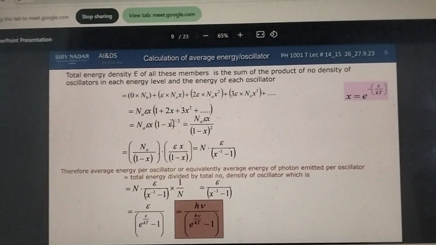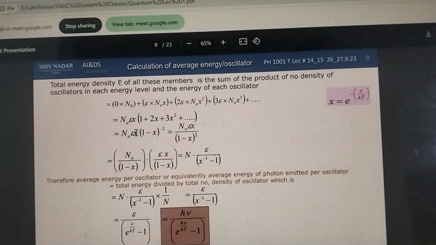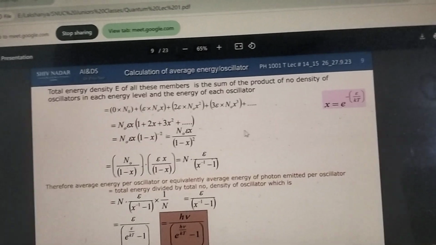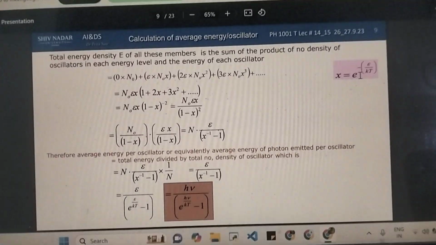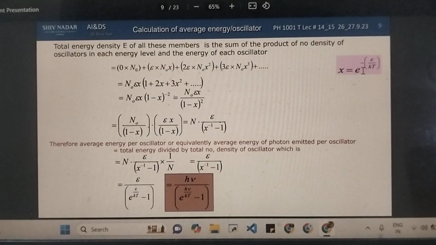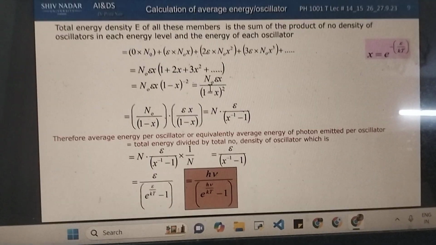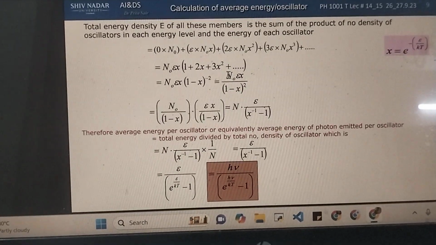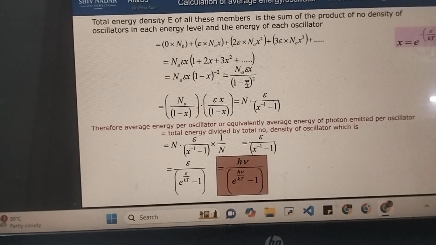So what is our expression for total energy? N naught epsilon x divided by (1 minus x) the whole squared, where x stands for e raised to minus epsilon by kT. This is what we have derived so far.